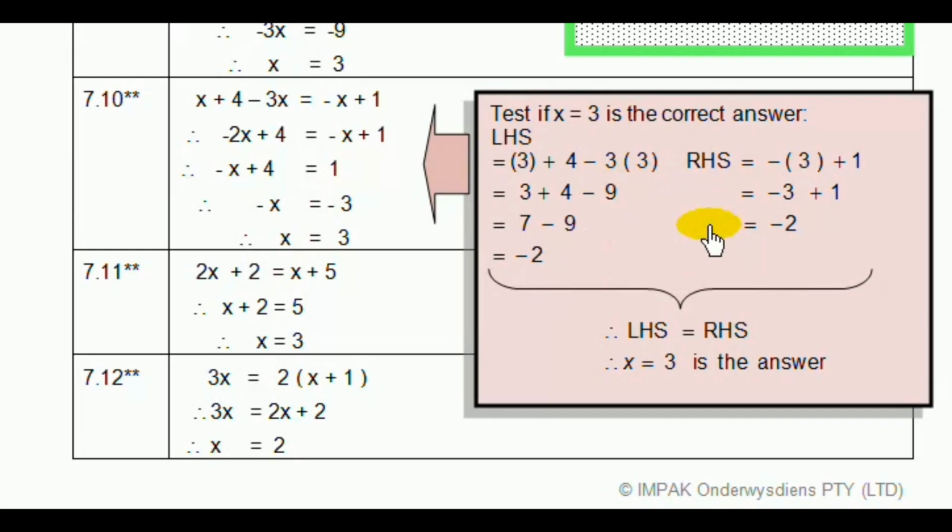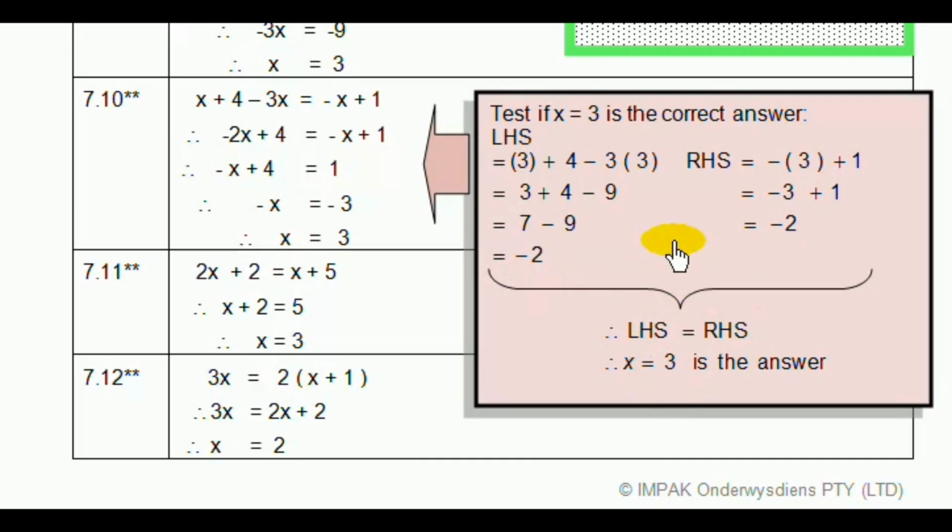So do it in this way, otherwise your method of proving that x equals 3 will be wrong. Right hand side on its own, left hand side on its own, to see if the two are the same. And of course if it's not the same, then you can answer at the bottom that 3 is not the answer. It will not always be correct.